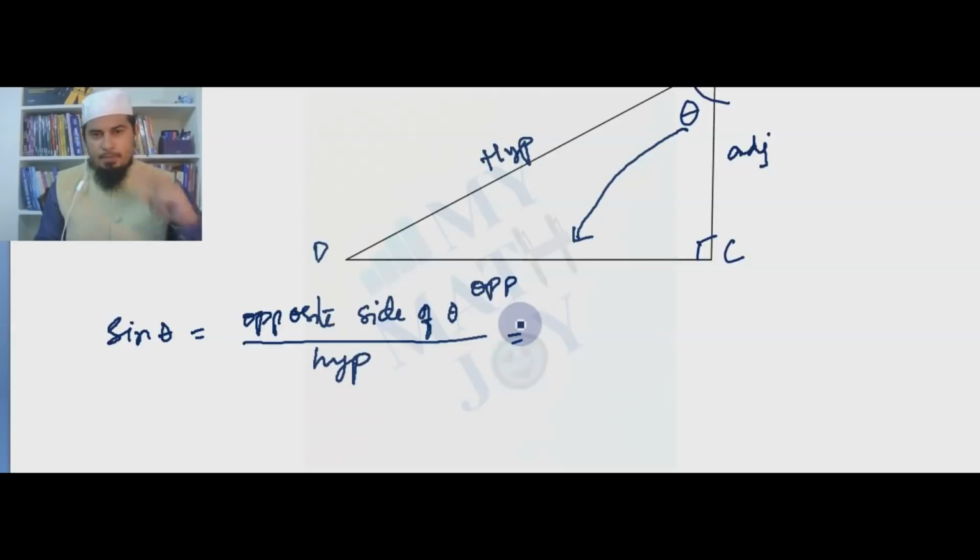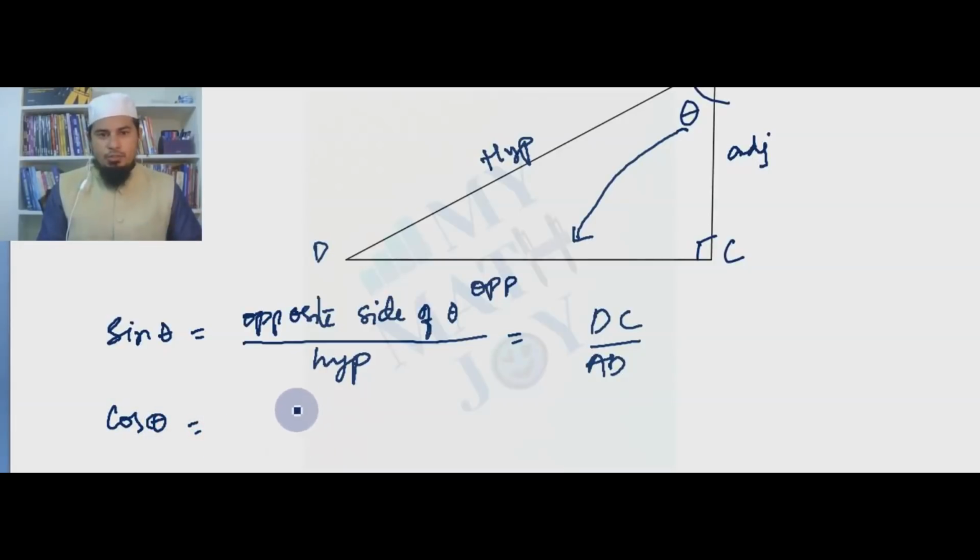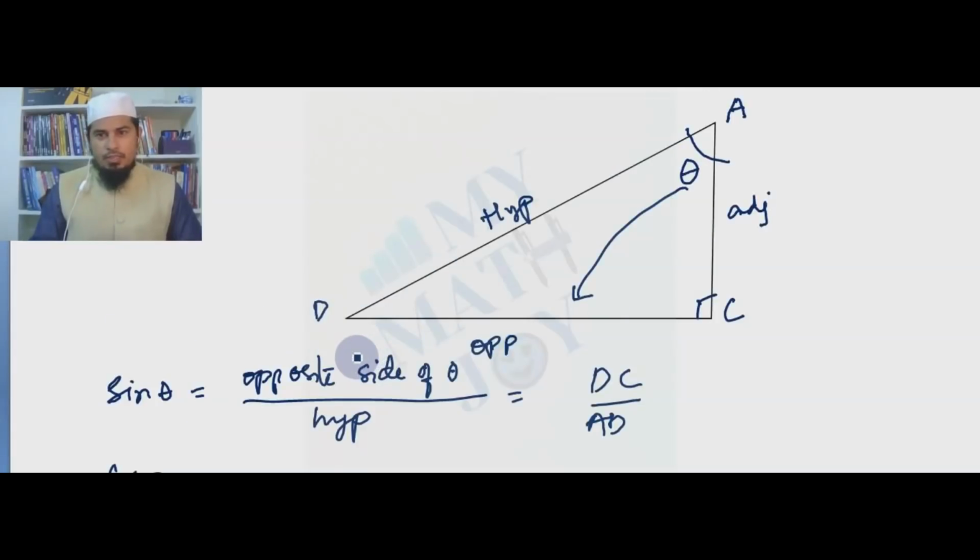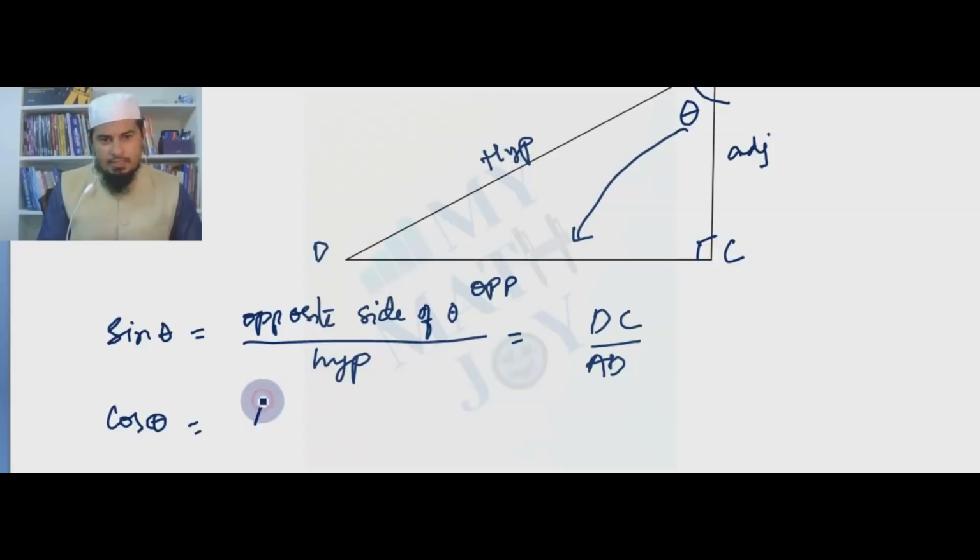Then opposite side of theta by DC by AD. Yes. Similarly, cos theta will be adjacent side by hypotenuse. So according to the definition it should be AC by AD.